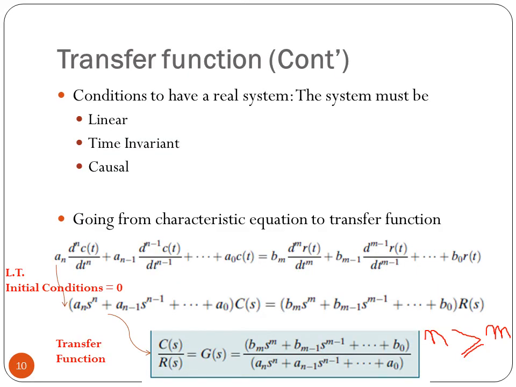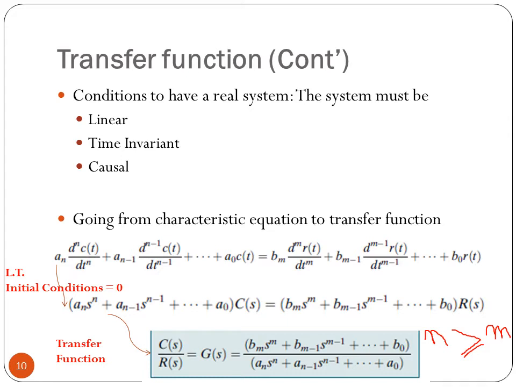The conditions to study a transfer function, as we have presented before, are that we must have a linear system. If the system is not linear, we cannot study a transfer function, so we have to linearize it first. We must have a time invariant system, which means that if we apply an input alpha to a system at a time t0, and we apply the same input at a time t1, at a time t2, at a time t beta, we have to get the same output.